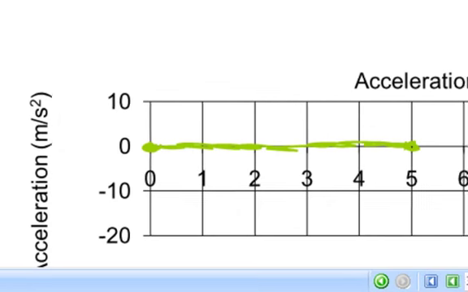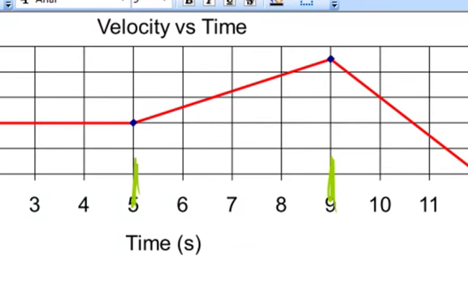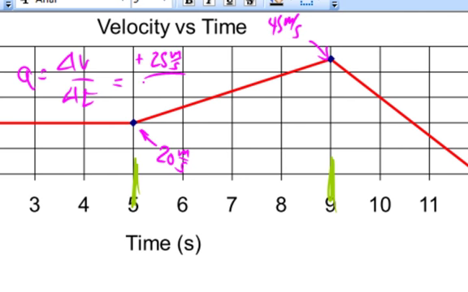Now let's go from 5 to 9 seconds. What's the acceleration? Well, the acceleration is the change in velocity with respect to time. The final velocity up here is 45 meters per second at a time of 9 seconds. Over here, the velocity is 20 meters per second at a time of 5 seconds. So the change in the velocity is 45 minus 20, which is 25 meters per second, divided by the time it takes to do that, 1, 2, 3, 4 seconds.